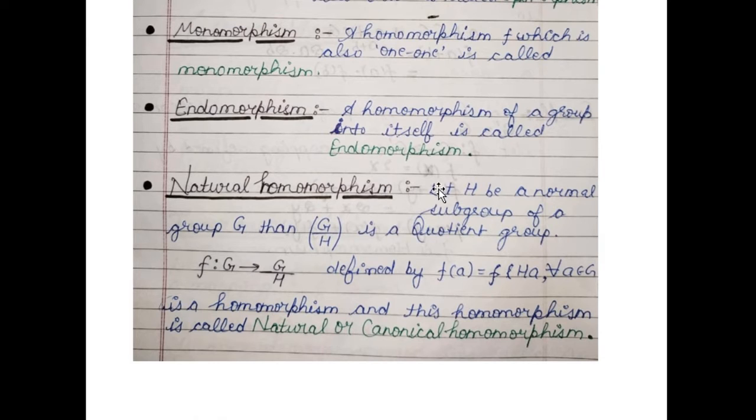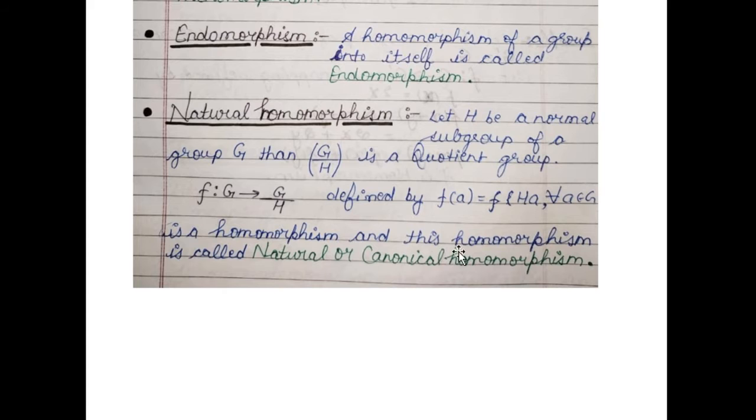Before that, we have defined the normal subgroup, and you know that a normal subgroup forms a quotient group or factor group, that is, the group of all cosets G by H. So let F be a mapping from group G to factor group G by H, defined by F of A is equal to HA, where HA is the right coset, for all A belonging to G. That is, the image of every element of G goes onto a coset in the range G by H, the factor group, the set of all cosets.